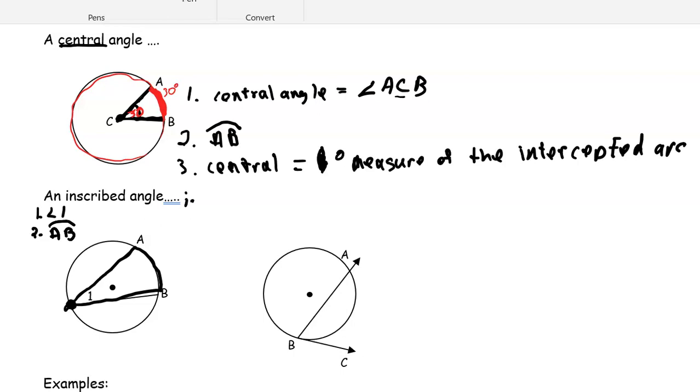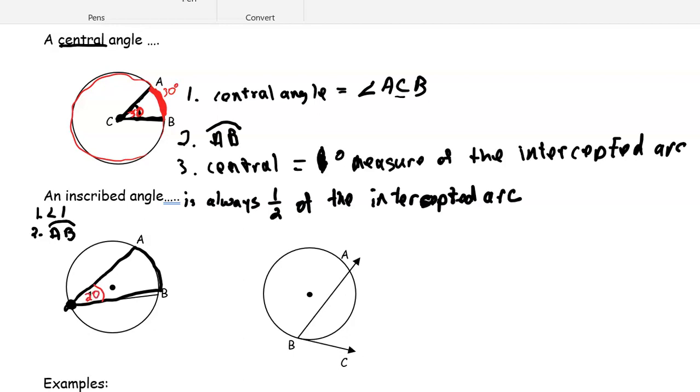And what you want to understand about this is that whatever angle 1 is, our inscribed angle is always 1/2 of the intercepted arc. I spelled that wrong, intercepted arc. So what that means in simple terms is, let's say this angle was 20 degrees.